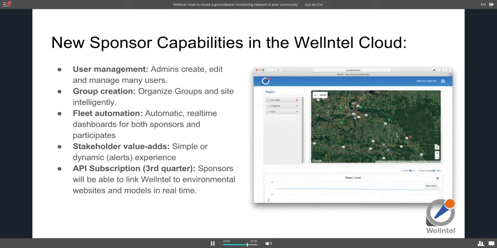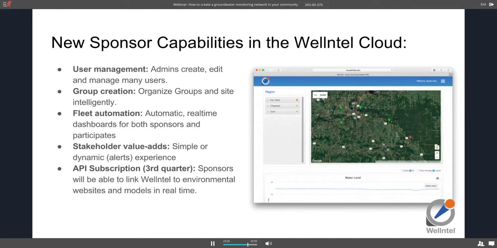On the right-hand side, you're looking at a map of wells in a sponsored system that happens to be in Northwest Wisconsin, and the green dots indicate a system broadcasting as it should be, without any risk condition or alerting condition.